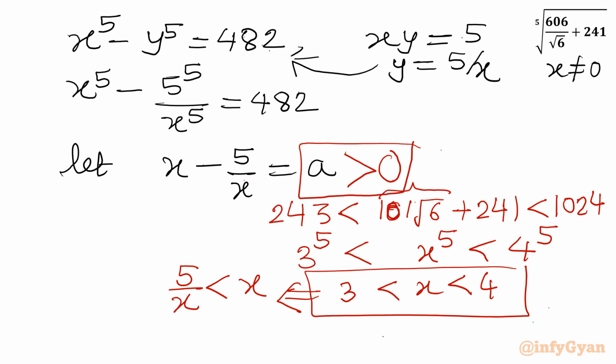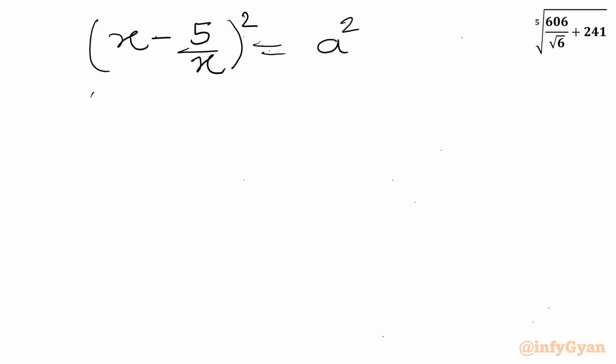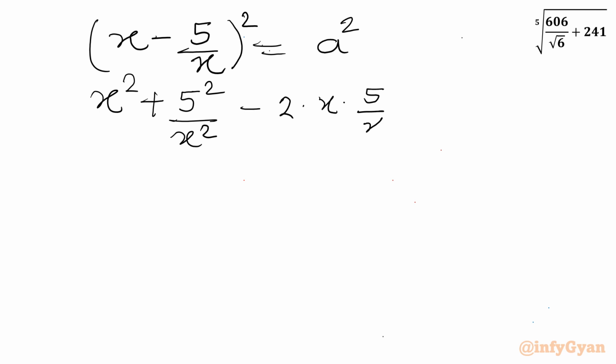Now I will consider our substitution equation. x minus 5 over x equal to a. Consider squaring both sides. So I can write here x square plus 5 square over x square minus 2 times x times 5 over x.